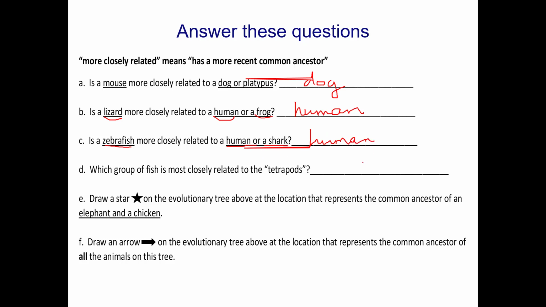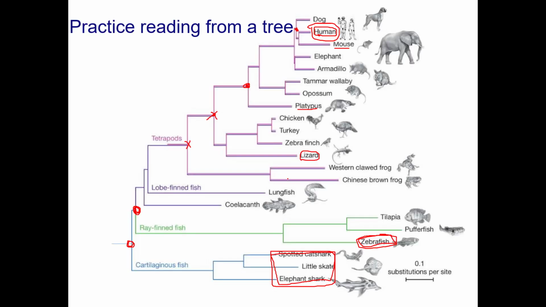All right. Which group of fish is most closely related to the tetrapods? So here are the tetrapods. This is where four legs evolved. So which group of fish? Your choices are going to be lobe-finned fish, ray-finned fish, cartilaginous fish. So hopefully you see that the lobe-finned fish is more closely related to the tetrapods.